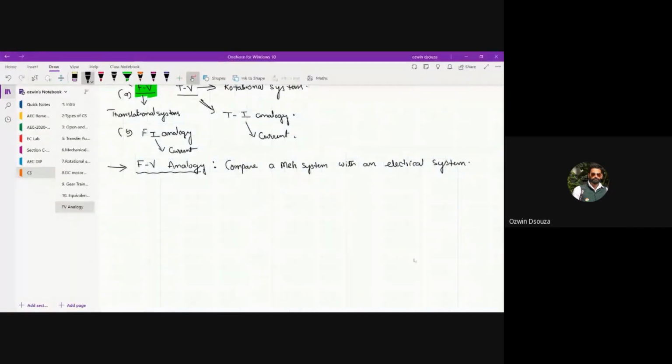After comparing, we try to list out the similar elements. In a translational system, the fundamental elements are mass, spring, and damper.